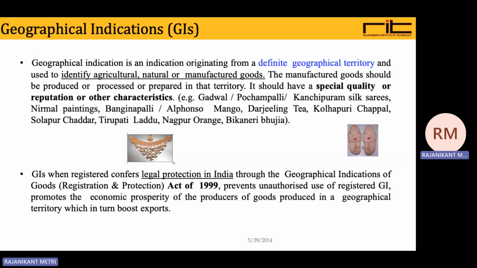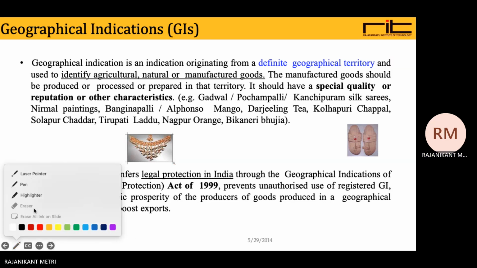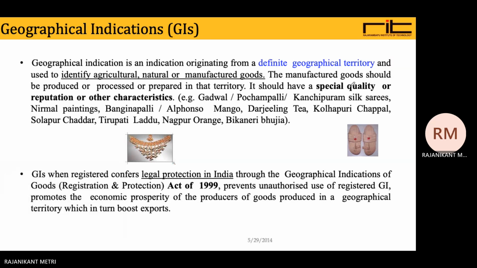Kolhapur is famous for chappals, Kolhapuri chappal. Solapur is famous for Solapuri chadar. So likewise, these things come under geographical indication. These should have a special quality or reputation or other characteristics.